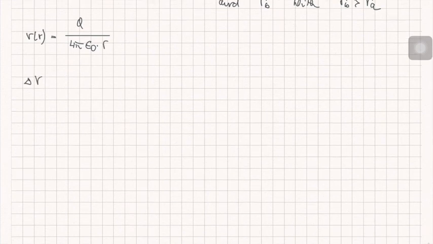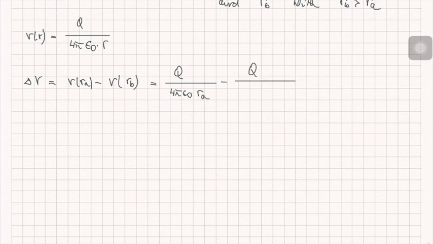Therefore the potential difference delta V is V of RA minus V of RB, equal to Q divided by 4 pi epsilon naught RA minus Q divided by 4 pi epsilon naught RB. And you see RB is larger than RA, so the second term will be smaller than the first term, so this will be overall positive.